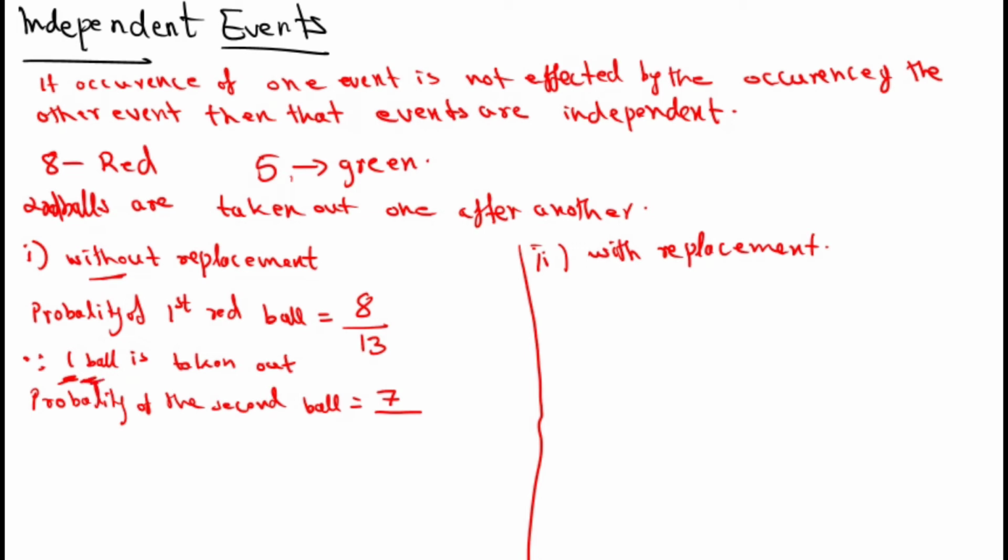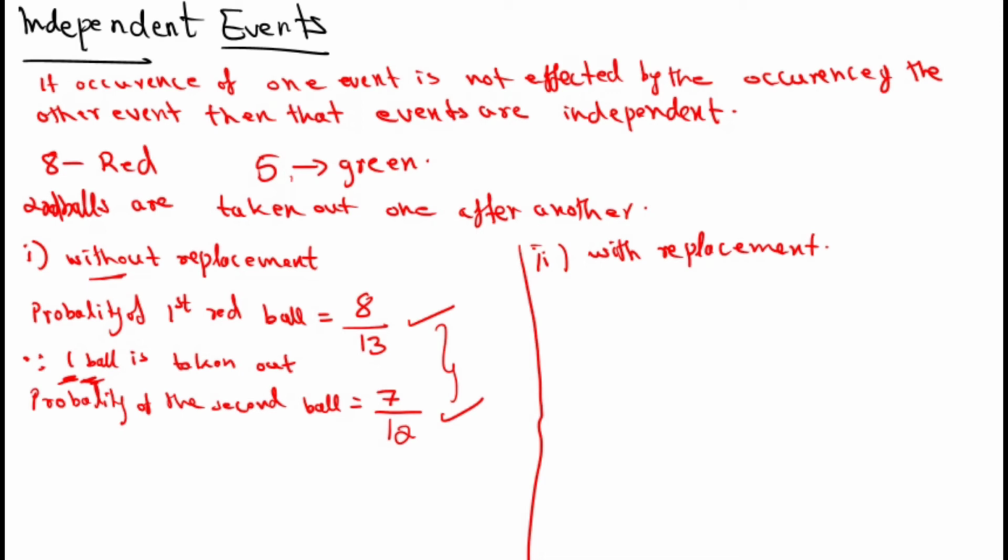That time the remaining balls are 12. Now check. Probability of the first event is 8 by 13. Probability of the second event is 7 by 12. You can find the difference in the probability, right? Why? Because here event 2 depends on event 1. Since you are taking one ball outside, that will affect the result of the second red ball.